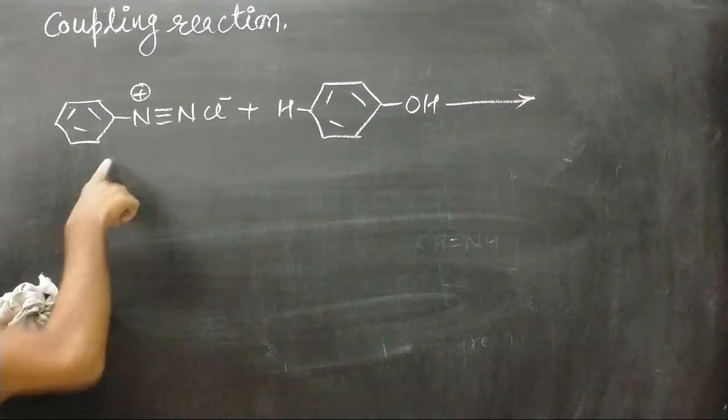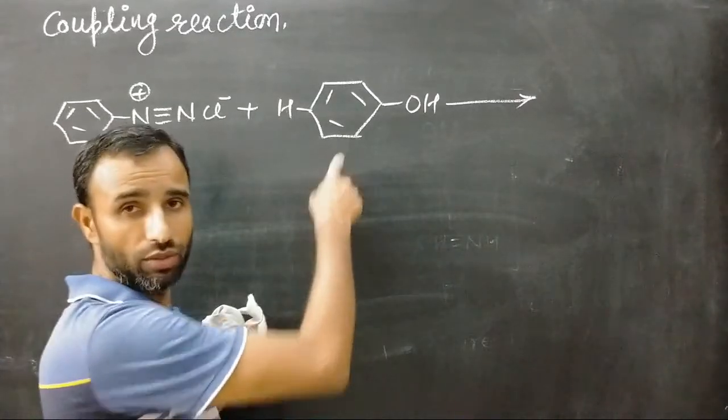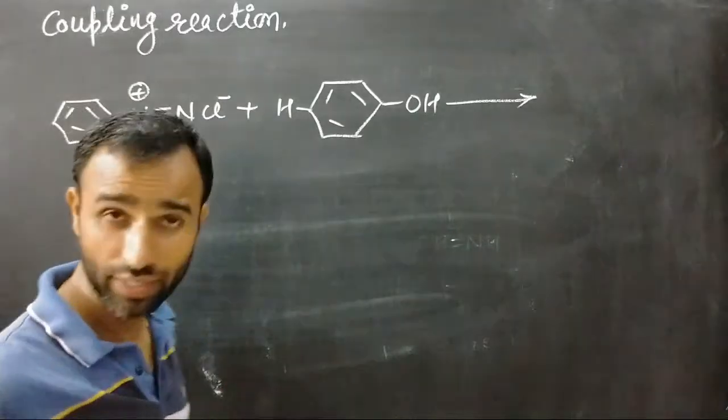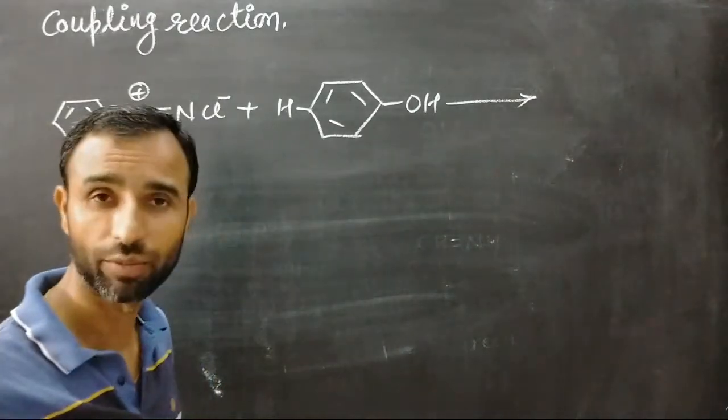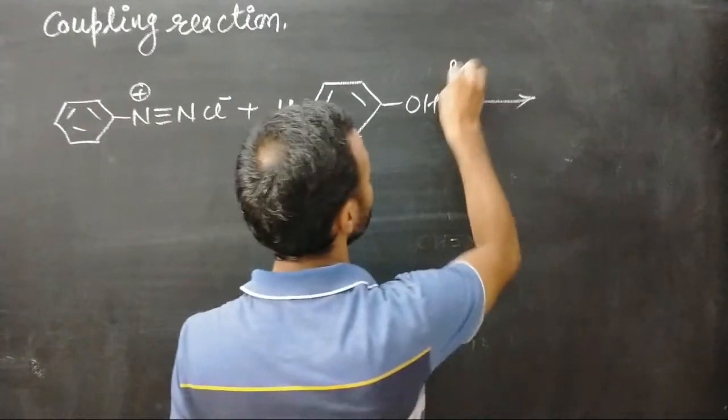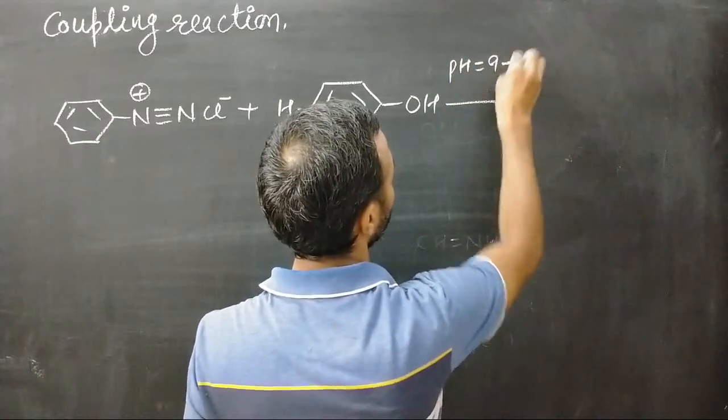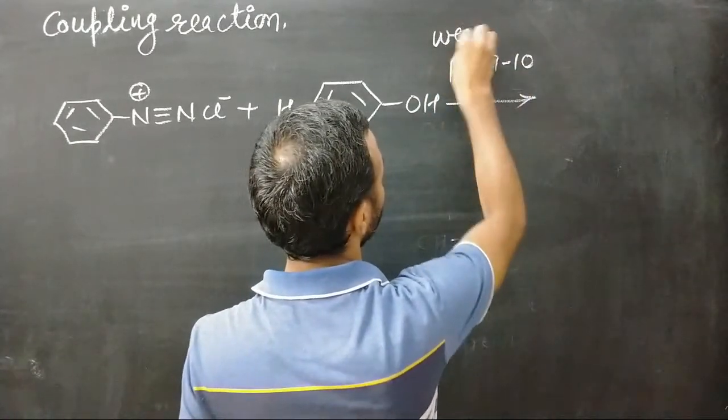Benzene diazonium chloride reacts with phenol in basic medium. pH is 9 to 10, a weakly basic medium.